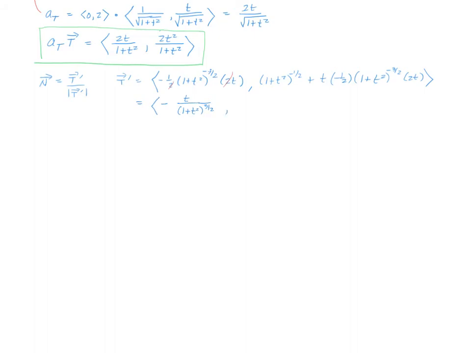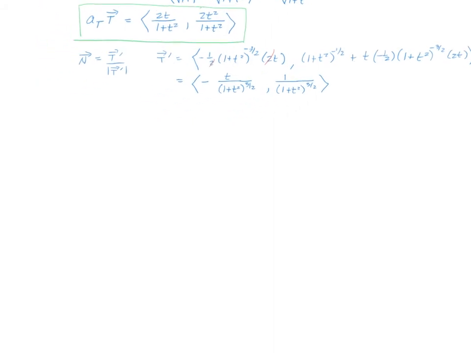On this other one, 2's cancel. I have t squared. If I do some algebra and simplify, it looks like it'll simplify to 1 over 1 plus t squared to the 3/2. So double check me on that, because in my head I was just combining those like terms, adding them up.